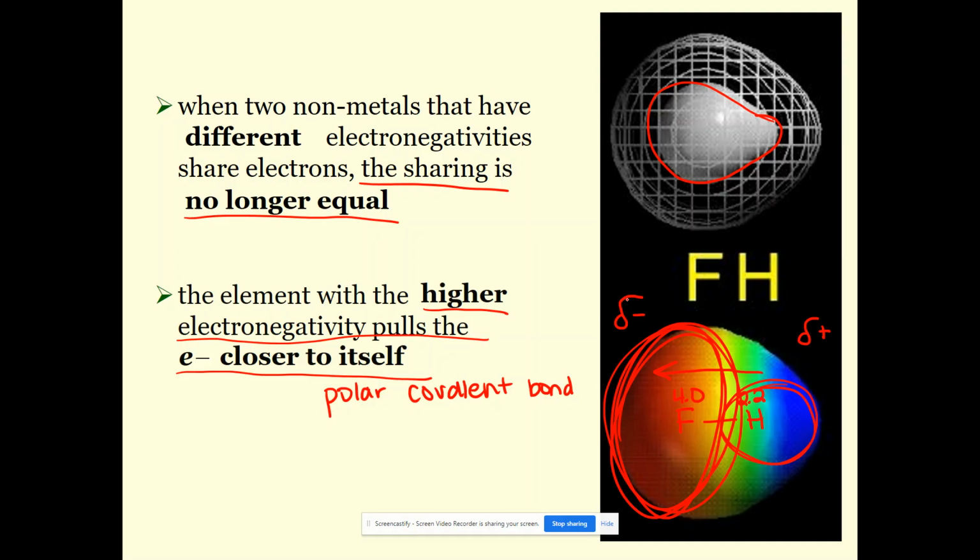This is a small Greek symbol delta. Delta negative is the slight negative end, the end with the higher electronegativity, and the slight positive end is the end with the lower electronegativity. So the electron cloud is lopsided. There's a buildup of electrons on one end compared to the other. This makes, again, what we call a polar covalent bond.